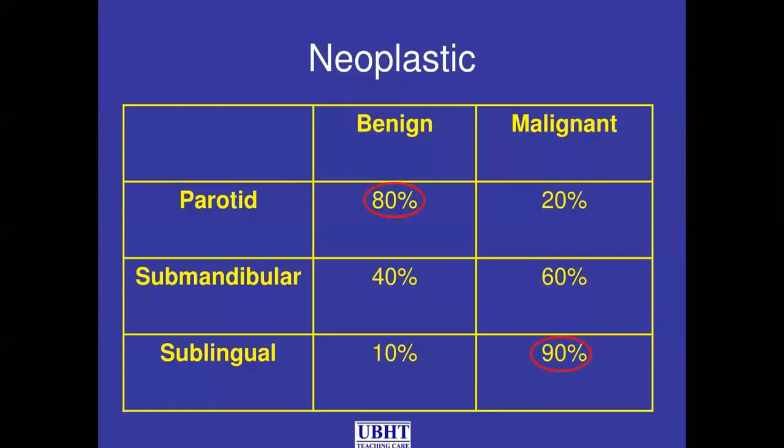While in the sublingual gland, the malignancy is 90%, while the benign is 10%. So the sublingual glands are more malignant, while the parotid gland tumors are more benign. 80% of the parotid gland tumors are pleomorphic adenomas and they are benign.